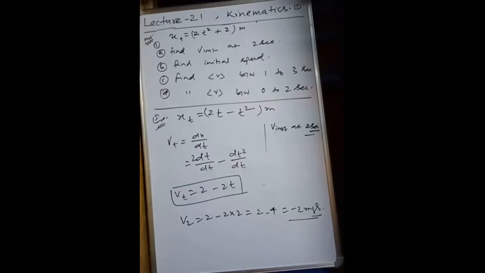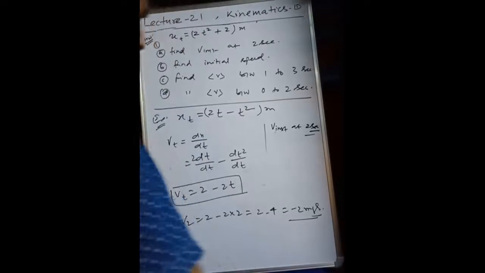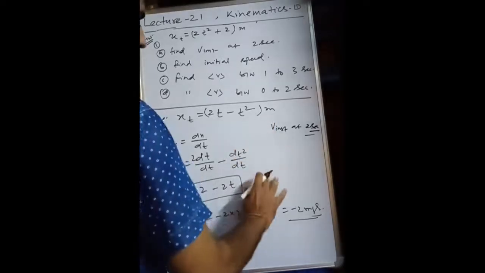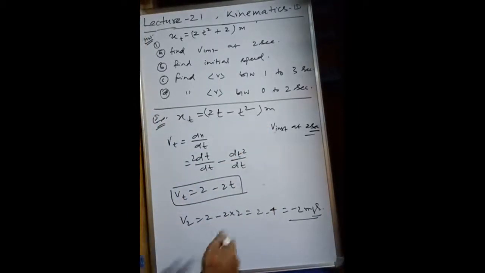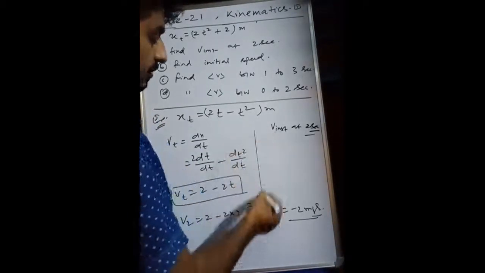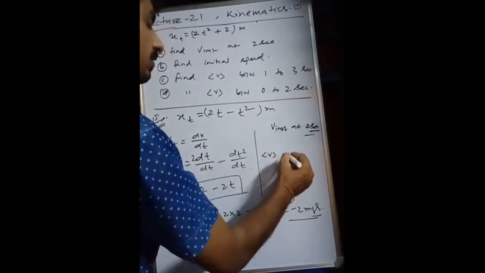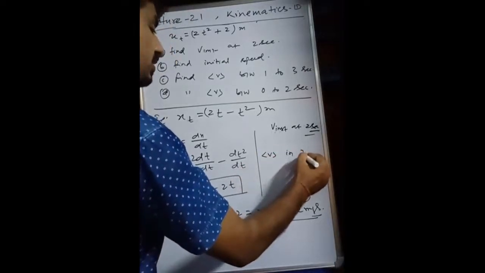Now, if you have to find the average speed, then how will you solve this question? Try to think. If you have the time, pause the video and try to solve. You have to find the average speed in 3 seconds.